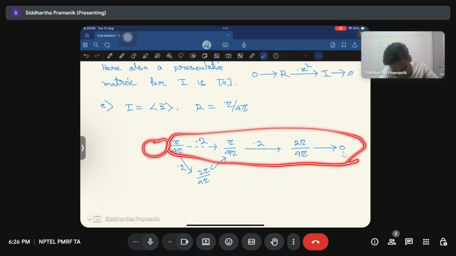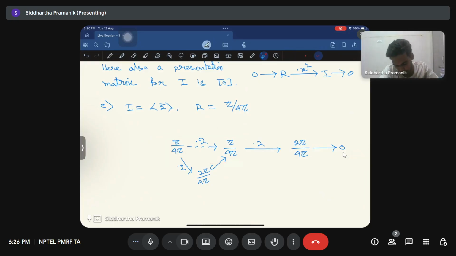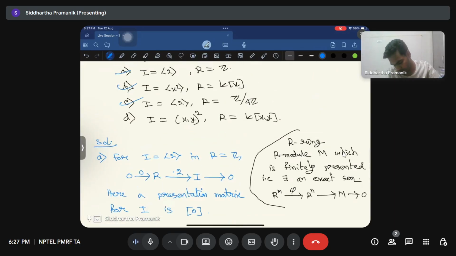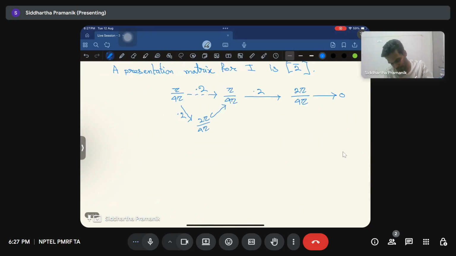This sequence does not end here, but we got a finite presentation. And here the map is multiplication by 2. So a presentation matrix is just a singleton matrix whose entry is 2. So a presentation matrix for I is, let's say, 2 bar. These three are easy actually. Now let's see part D, which is a little bit complicated.